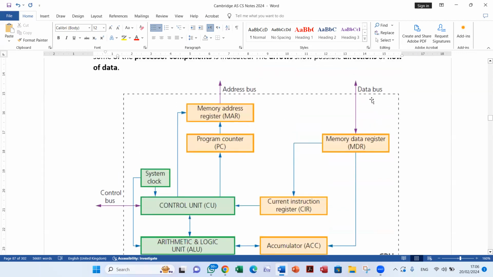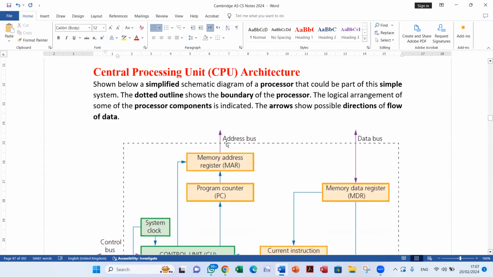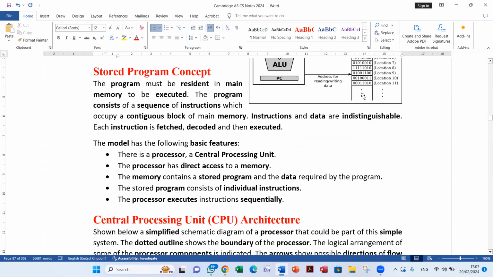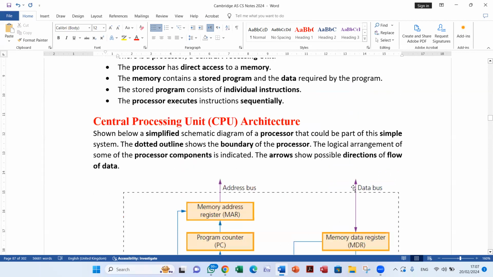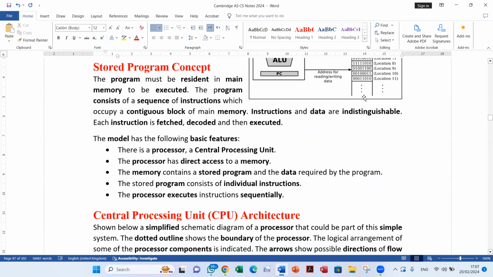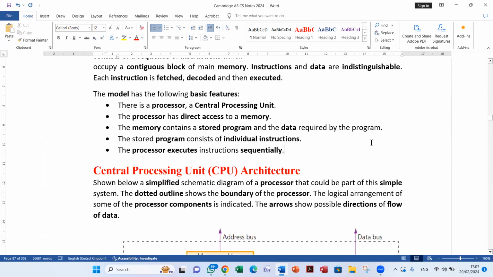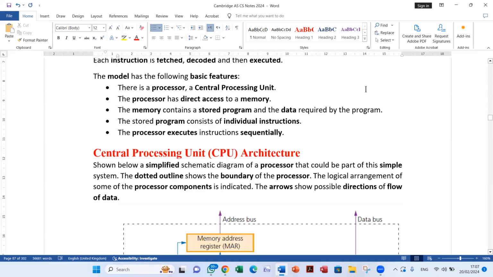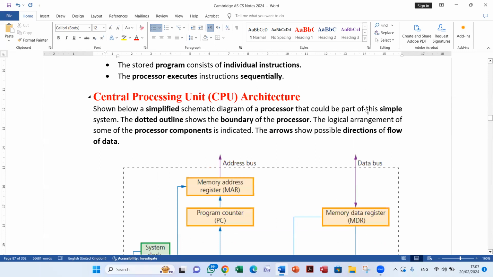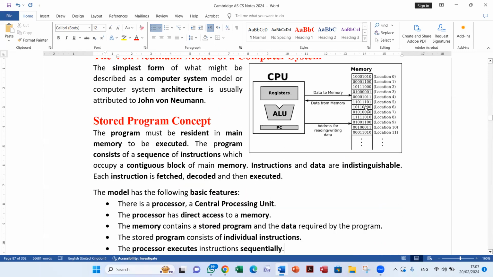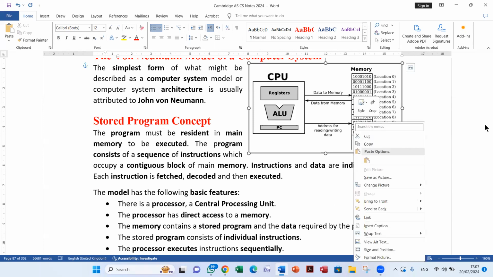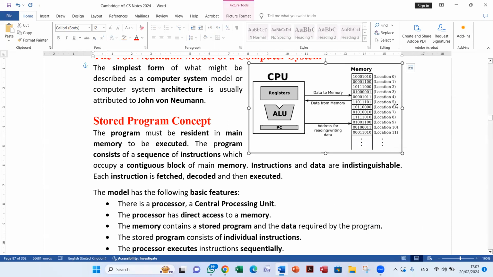We have here the address bus and data bus. The address bus sends the required address to the main memory. The data bus sends or receives data from the main memory. That's why the data bus is bidirectional, because it may send data to the main memory or it may receive and read data from the main memory.